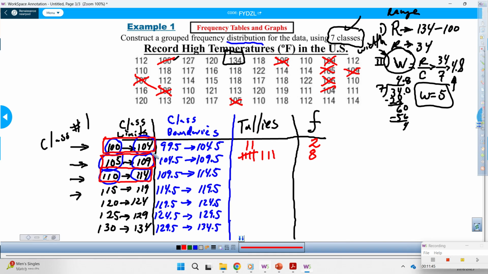110 to 114. Let's see. I'm going to change colors to keep organized.